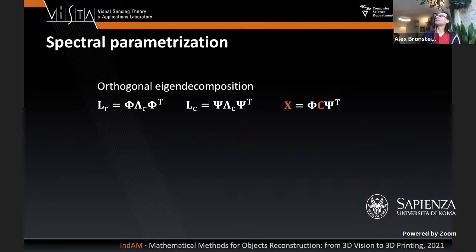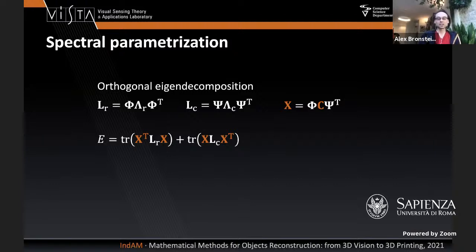So if we don't think of X as a signal for a moment, but we actually think of it as an operator, a matrix is an operator, a linear operator that maps between one graph to the other, between the column space to the row space, for example, then we can represent this operator with respect to this pair of bases. And the C will hold the Fourier coefficients, if you will, of this operator. Now we want this operator to be band limited, or to be nice and smooth with respect to the metric of these two spaces. So we can think of C as a Fourier representation of this functional map.